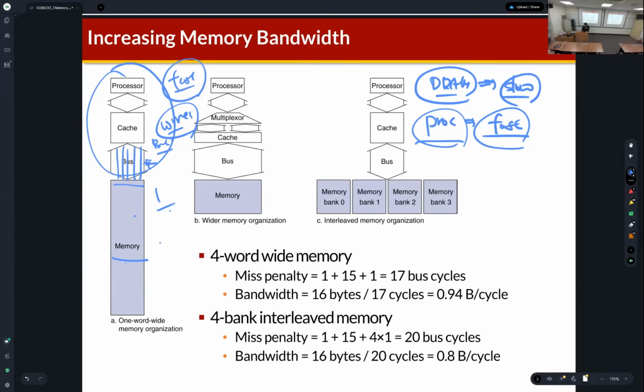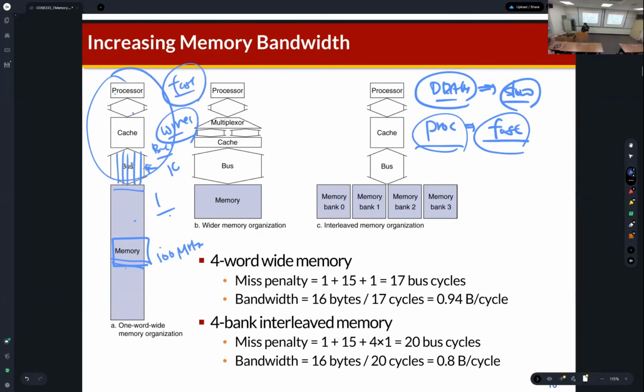Because of the slow memory, the processor needs to wait many cycles. For example, the memory works at 100 megahertz, but the processor works at 1 gigahertz. Then in order to read one packet of data, the processor needs to wait 10 cycles.